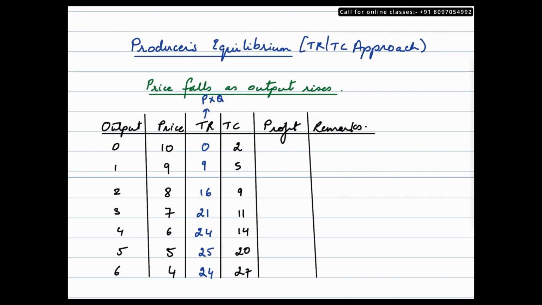Profit is a difference between total revenue and total cost. Let me write that over here. So profit is TR minus TC.